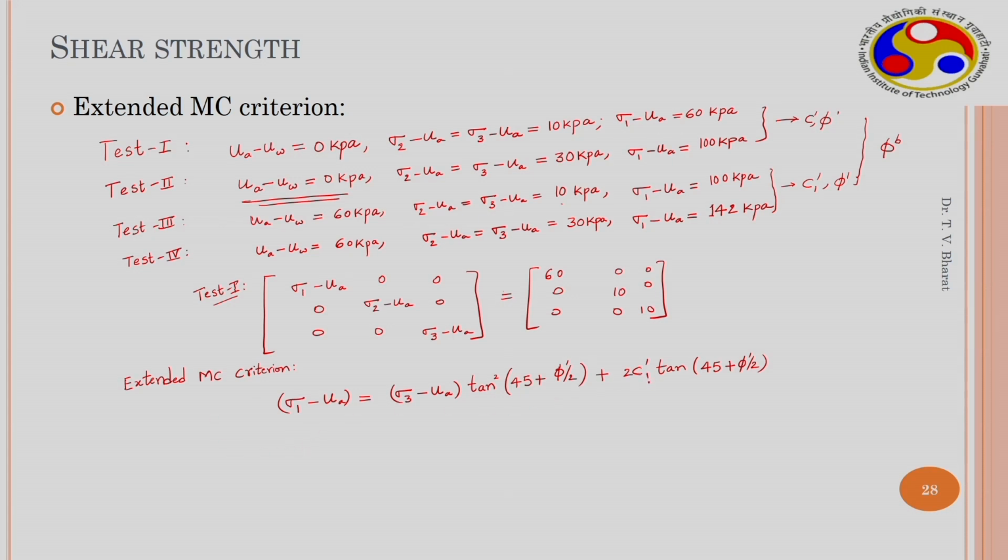Here this c1 dash becomes c dash when matric suction is 0. So this is the expression we use for saturated soils also.